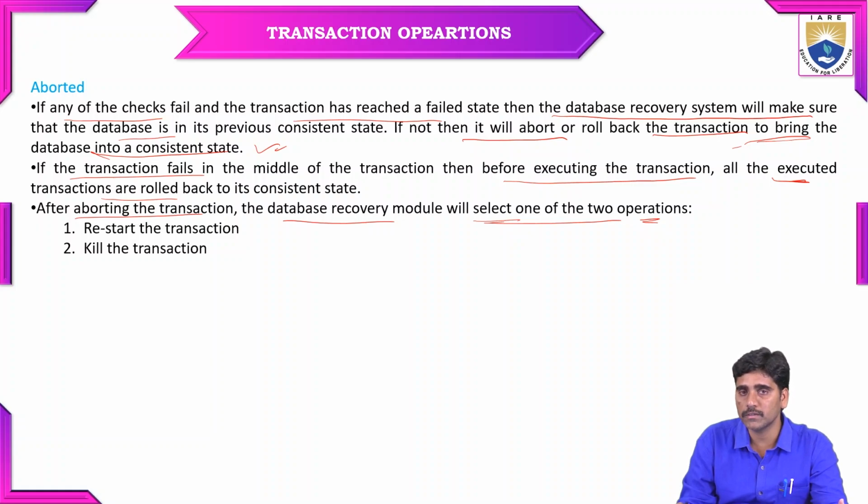What are those two operations? One is restart the transaction, and the second one is kill the transaction. So there is a choice of rollback in your state, but it is in the previous state. Only it will be rolled back.